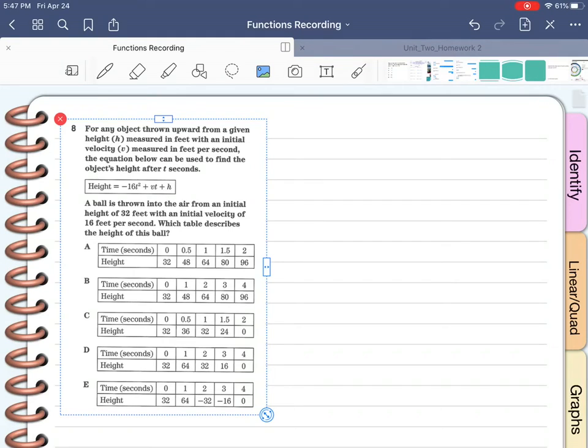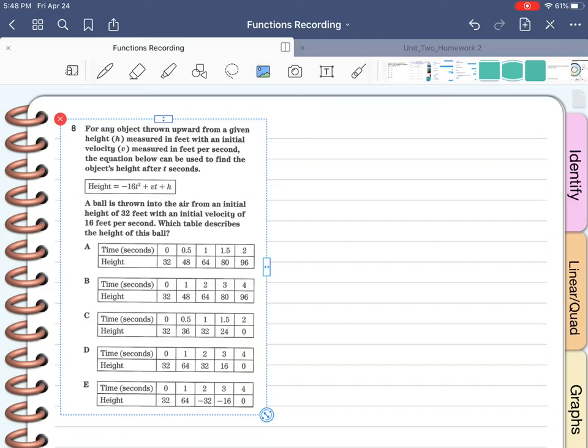Problem number 8. For any object thrown upward from a given height h, measured in feet, with an initial velocity v measured in feet per second, the equation below can be used to find the object's height after t seconds.